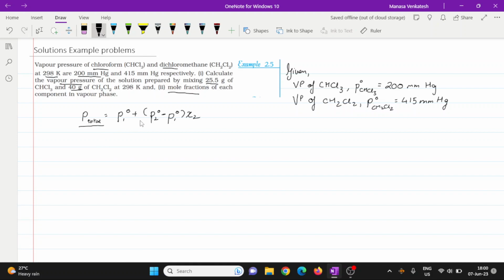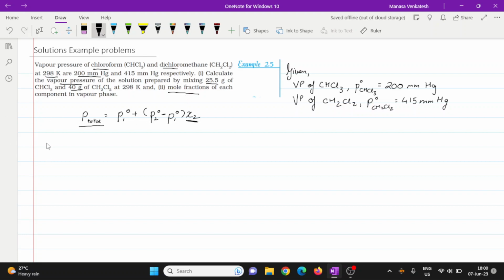Okay, now we have the value of P1 naught and P2 naught respectively. That is the vapor pressures of dichloromethane and chloroform. We have both those values. However, we do not have the mole fraction of one of the components or both of the components. So we have been given the quantities of the chloroform and the dichloromethane.